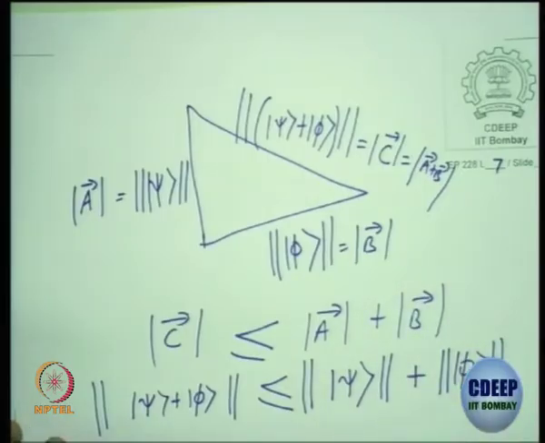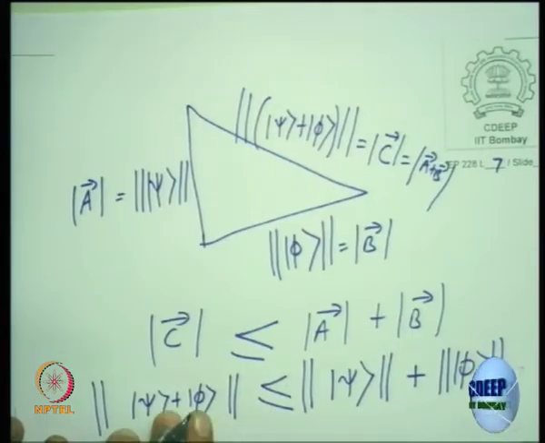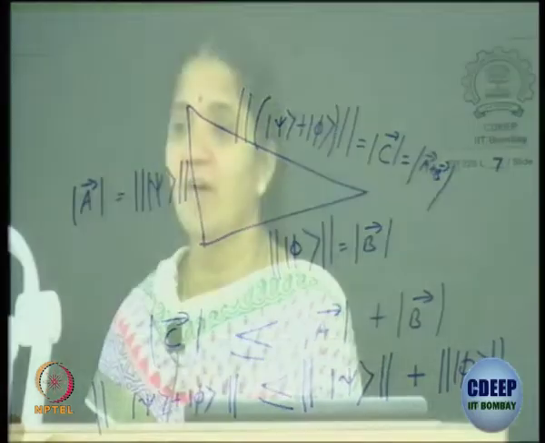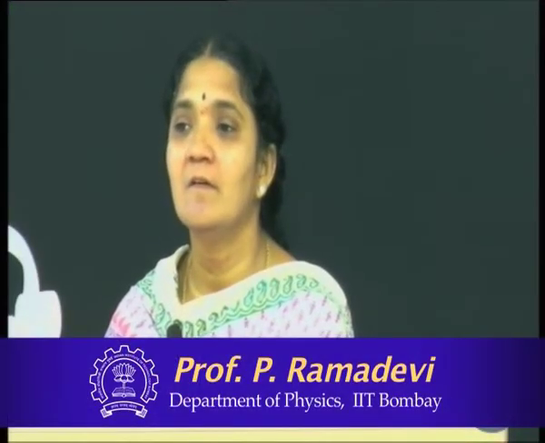So I want you to try and prove this, where you know how to write this norm as an inner product, and you have to use the property that the inner product of psi and phi is the complex conjugate of phi and psi, right?